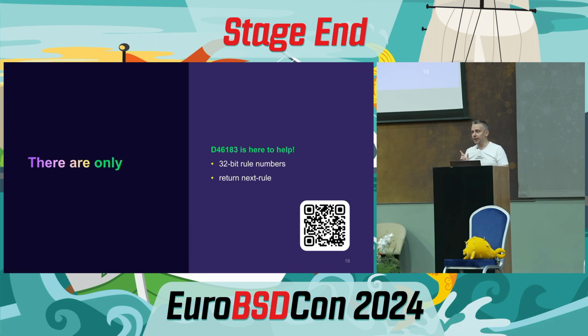It's in review state. So if you have any ideas or comments, just go to Phabricator and leave your opinion. I think we'll be merging it in a week or so. And that differential allows us to use 32-bit rule numbers. Yeah, it should be enough, at least for a couple of years.